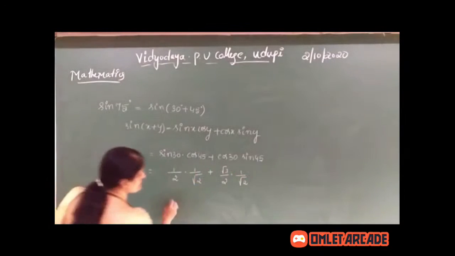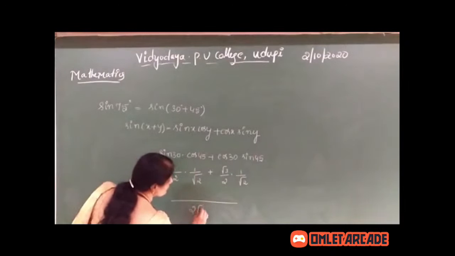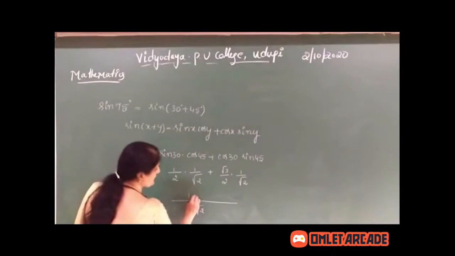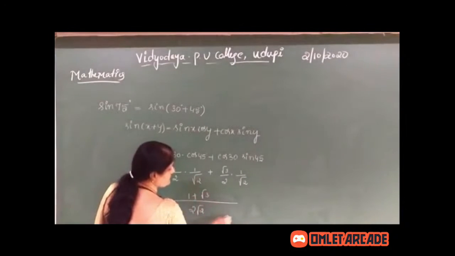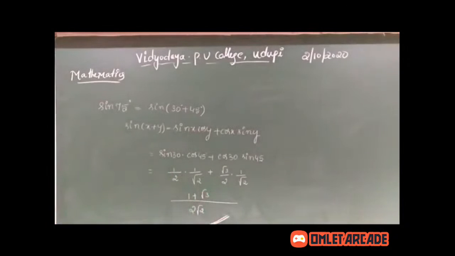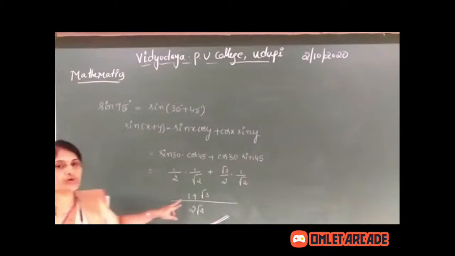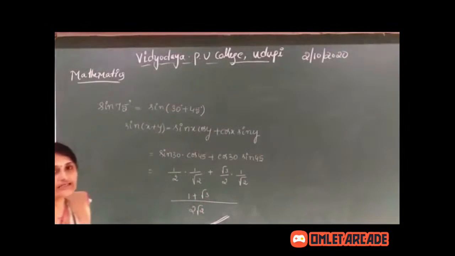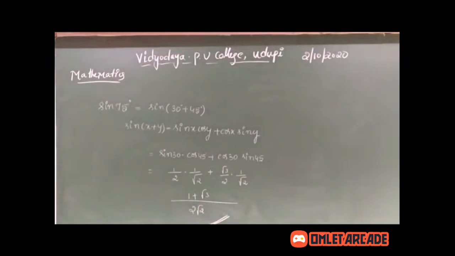Okay, now we can take LCM. It is 2 root 2 and 1 plus root 3 in the numerator. So sin 75 is (1 plus root 3) divided by 2 root 2. Right.